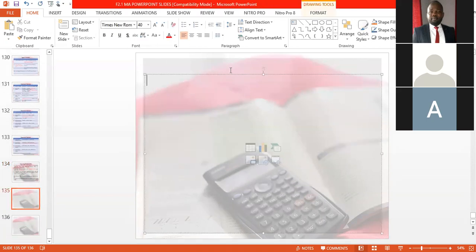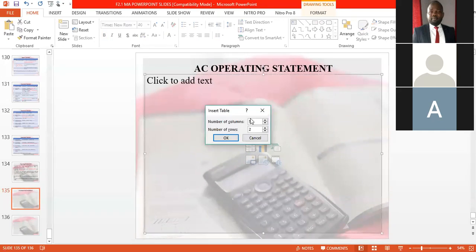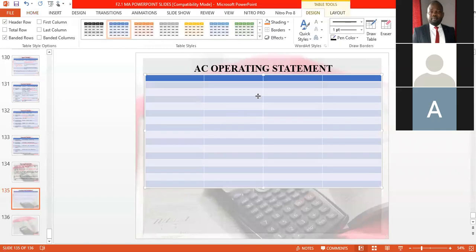Now, we'll start with the AC operating statement. I can have something like this, maybe 4 columns, and I can have as many columns as possible here, to show you how the statement looks.